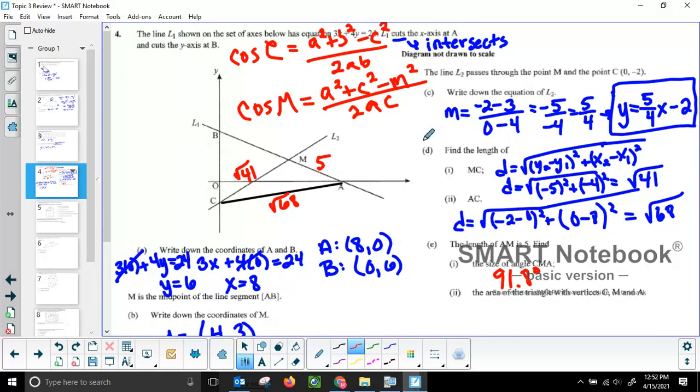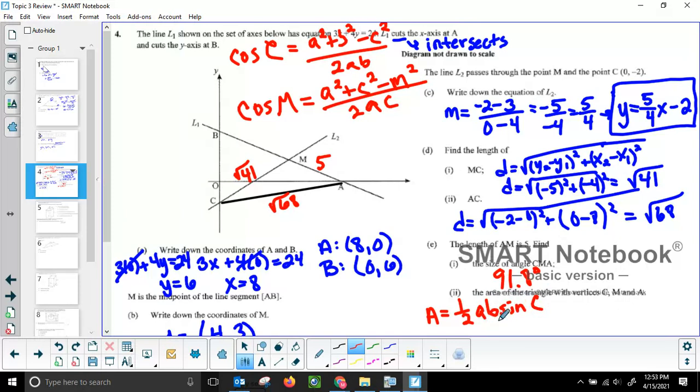All right, and now it wants the area of the triangle with vertices C, M, and A. Okay, so it gives us the area of a triangle, which is A is equal to 1/2 AB times the sine of C. And again, you can rewrite this however you want, which we did in pre-cal as well, as long as all 3 letters are different.